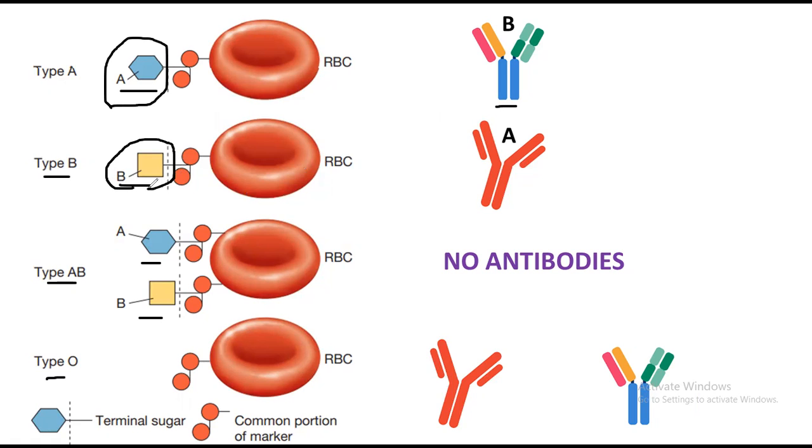If he were producing antibody B, his RBC could be killed by those antibodies. So keep this in mind: if a person has blood group A, he will not produce antibody A against that antigen, although he will produce anti-B.